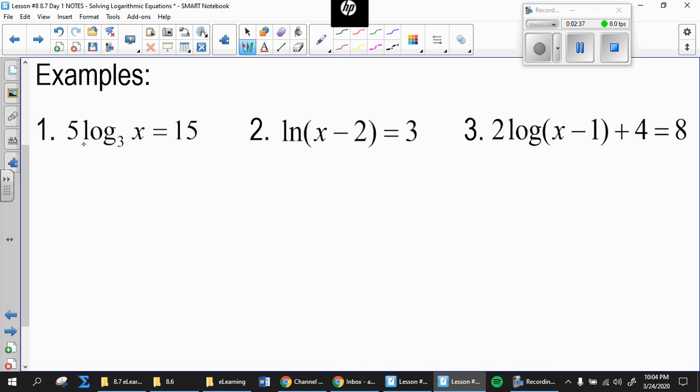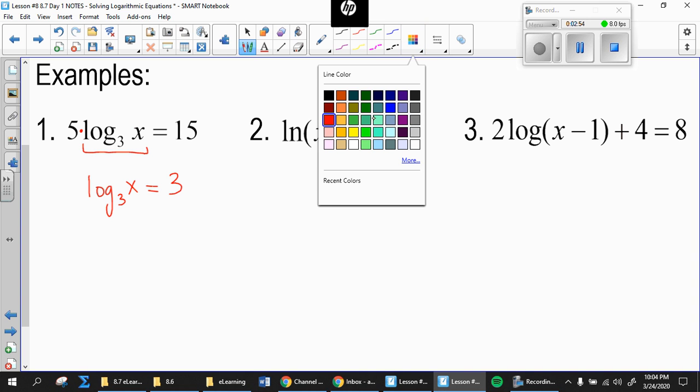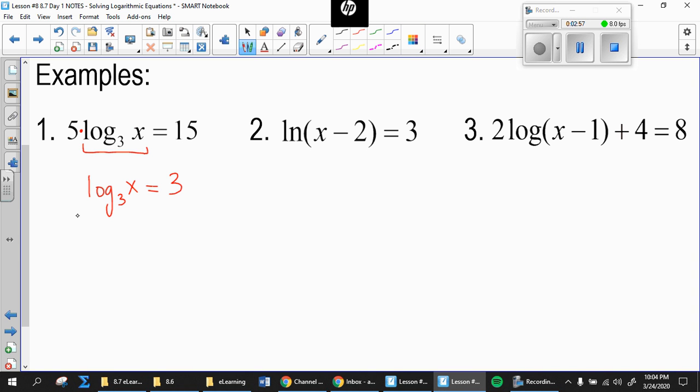So first example here. Again, here's my log. I need to isolate that first. I'm multiplying by 5, so in order to isolate that log, we're going to divide both sides by 5. Then we're going to take both sides as powers of 3.